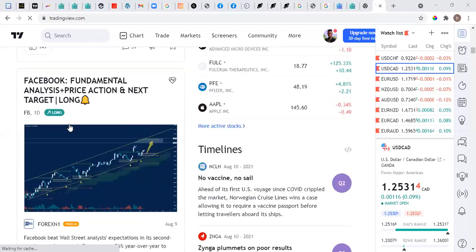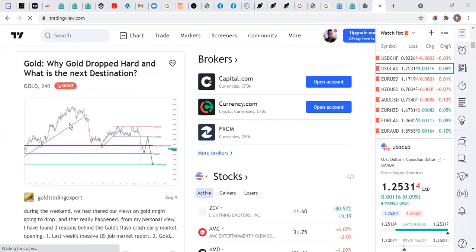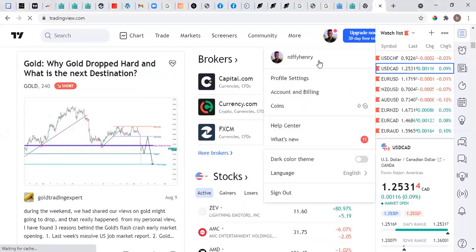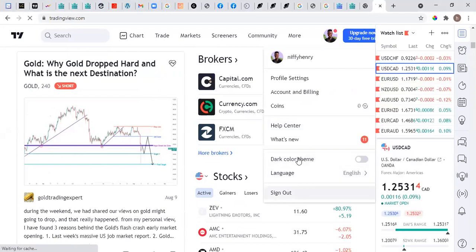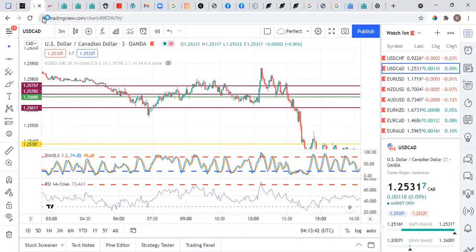So many things about forex on TradingView. So you can easily create an account. I'm signed in, so that's why you're not seeing register or sign up. You register, you create an account, and you're good to go.